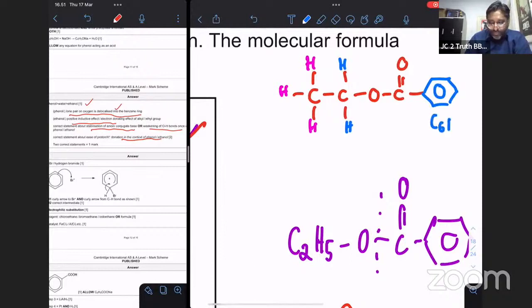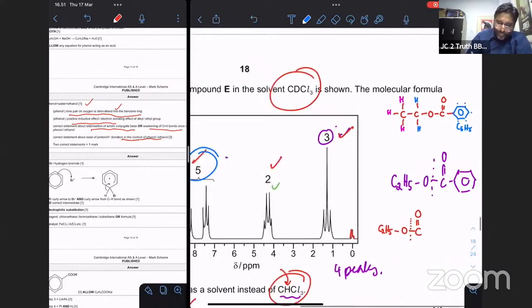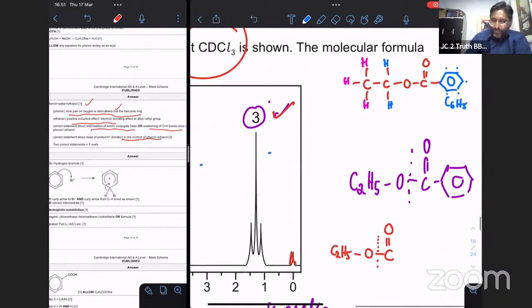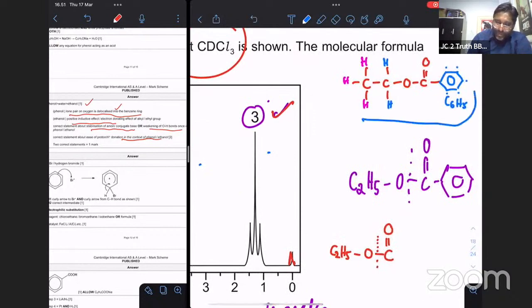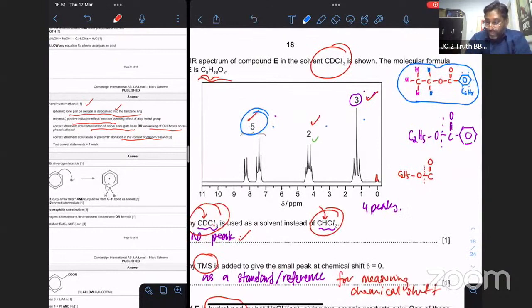If you put C6H5 over there, what happens? This and this are all sharing the same hydrogen environment. Therefore, you have one peak, 2 peaks, 3 peaks, which is possible. So this is the molecule that I'm looking at.